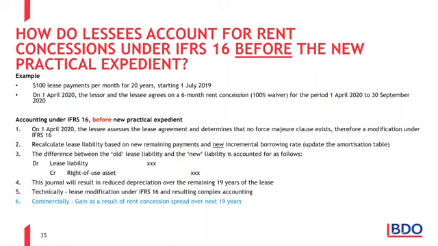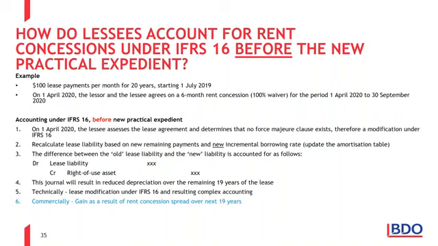If you're not within the scope of a practical expedient, or you don't want to apply it, what will you have to do? On 1 April, the lessee needs to assess the lease agreement. In my example, they've assessed it and determined there's no force majeure clause, and therefore we've got a modification under IFRS 16.